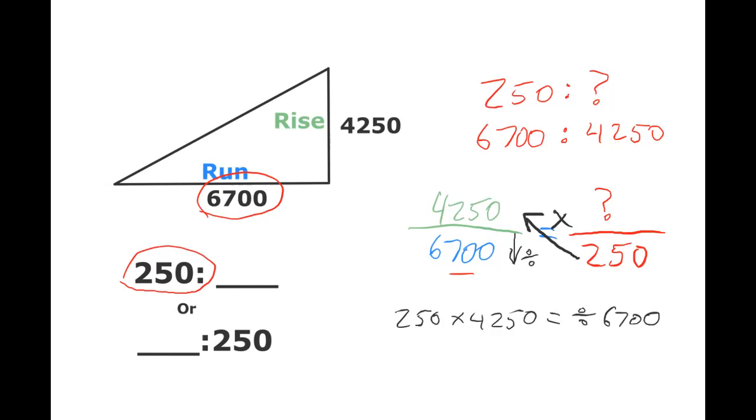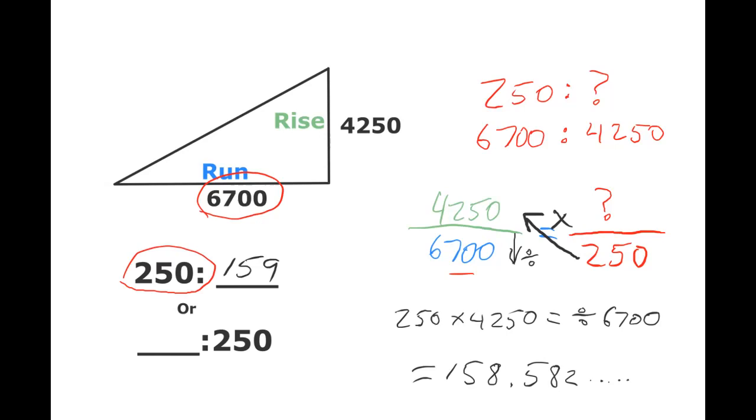You might end up, because of bad math, getting a funky answer when you do these things switched around. 250 times 42.50, which gives us a massive number, divided by 6,700 equals 158.582, and so on. It goes a whole bunch of decimals. So 250 is the same as saying 159, because I'm just going to round to the nearest millimeter there, okay?